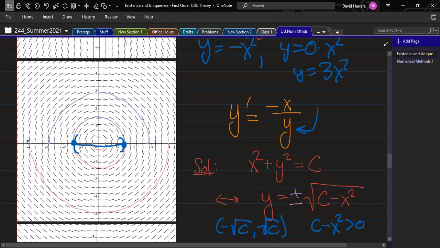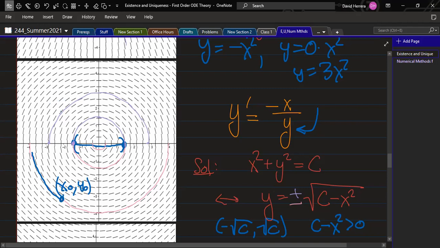If you start here, then you need an open interval. I mean, you don't start here because of the infinite slope. Maybe you start here, then you can go down this way. You have an interval like this. You go forward this way, you have an interval like this. So your existence interval would be something like this. In either case, you see that the interval of existence really does depend on the initial value here, x naught, and also y naught.